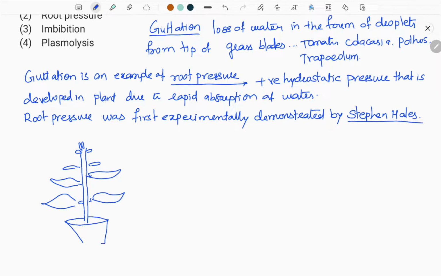Right. Now, what do we do? We pour water into the pot in the early morning. Now, we keep this pot in the sunlight for some while. Thereafter, we cut the tip of the stem with a fine blade.